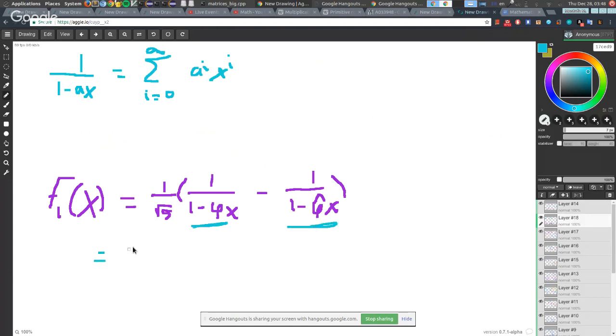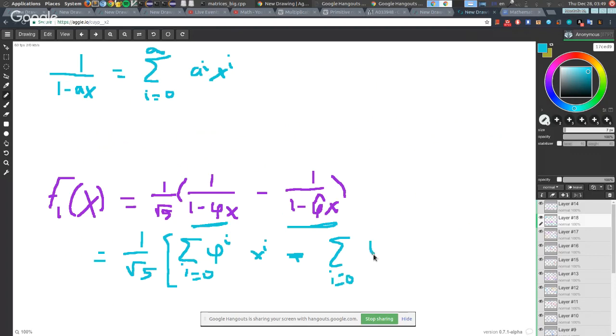So basically this is 1 over square root of 5, and this is the summation of phi to the power i times x to the power i in this part, so it's minus here. And this is the phi conjugate times x to the power i.